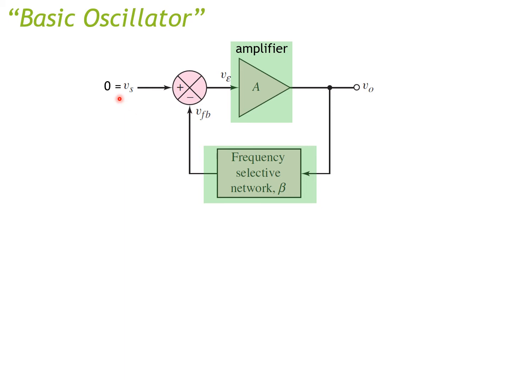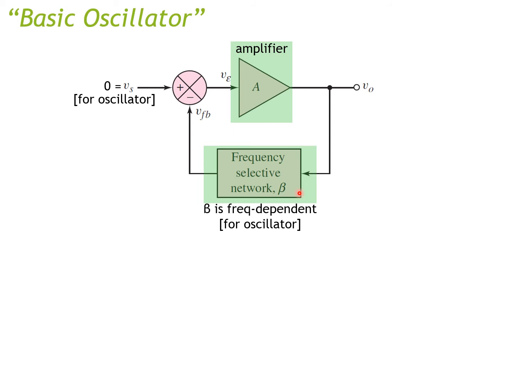Okay, for an oscillator, you want your input voltage or your source voltage to be 0. Also, previously in negative feedback, the feedback transfer function is frequency independent.